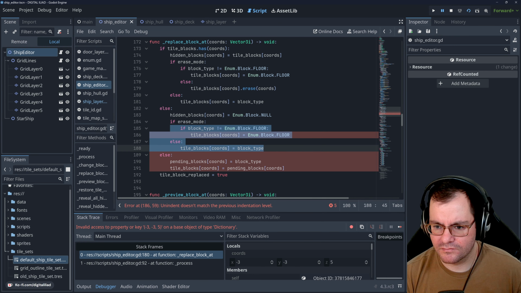Trying to fix a crash we're experiencing with the eraser. We got the autotiler working. Show you in a minute.